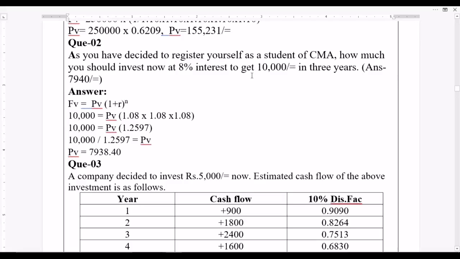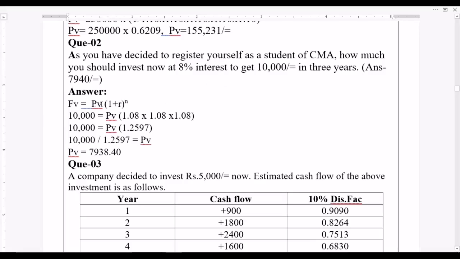So on the day of registration, you need 10,000 rupees. If you want to get that 10,000 in 3 years, how much should you invest now at 8% interest?